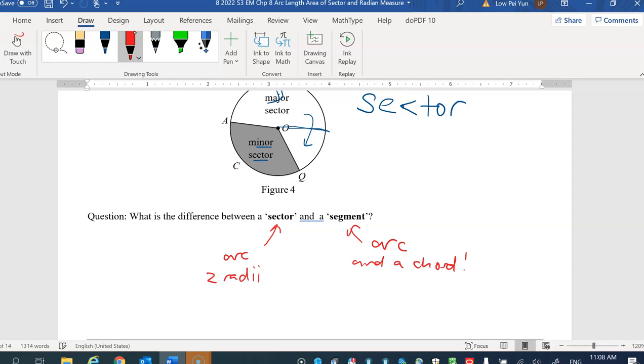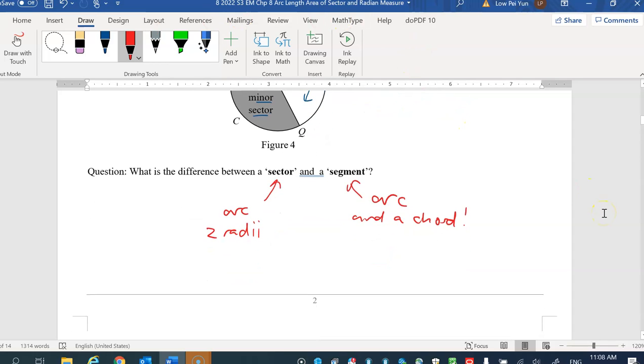And some of you may be smart enough to tell me that when the two radii become the longest chord in the circle, which is the diameter, that is when the sector becomes the segment.